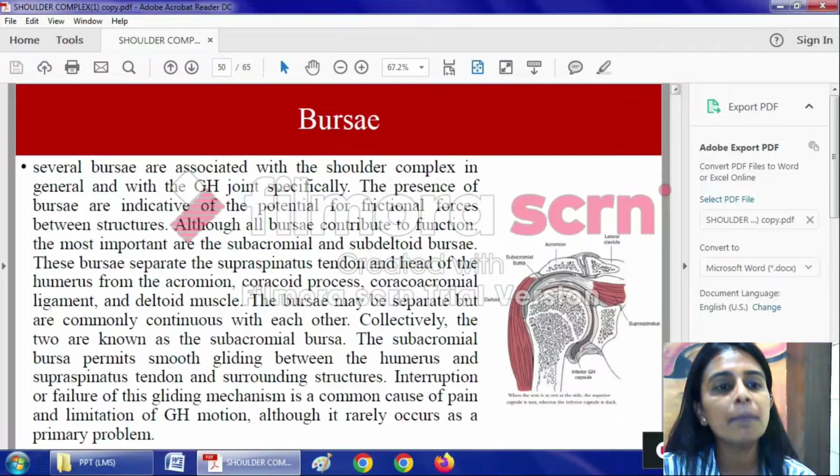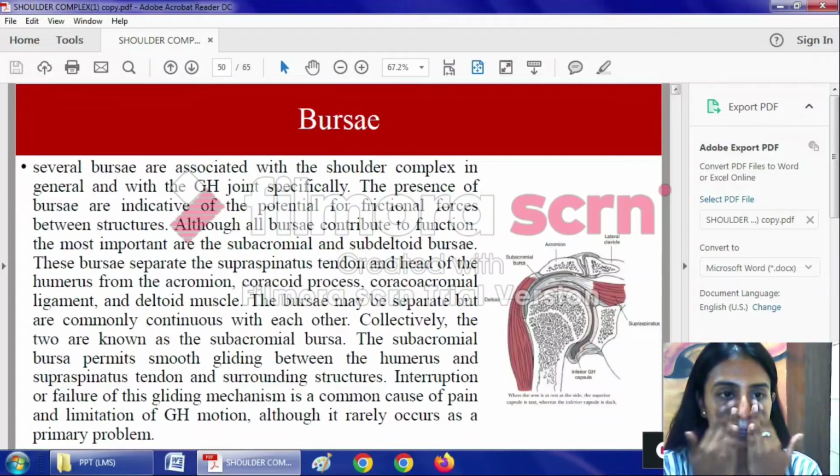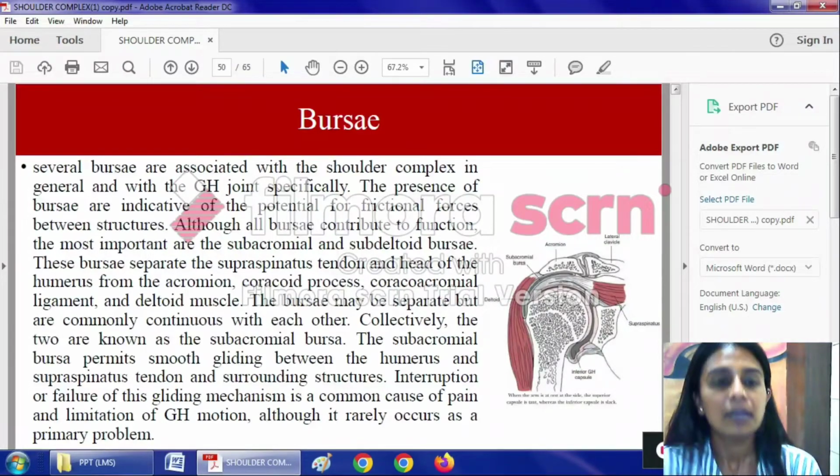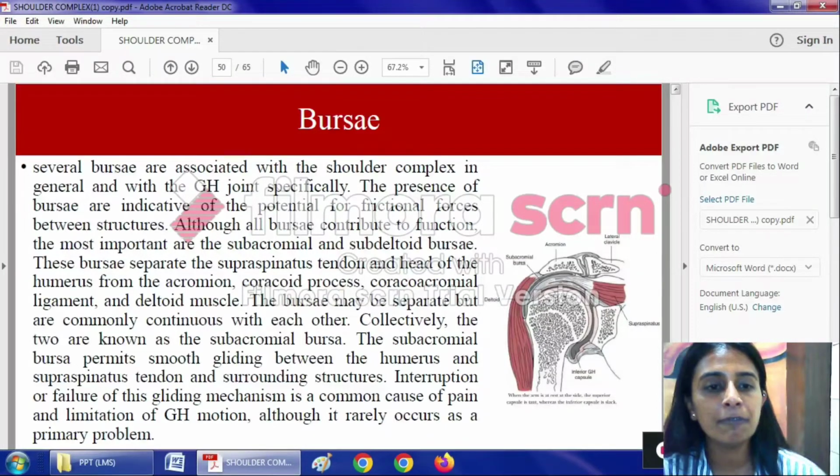Bursa. Several bursa are associated with the shoulder complex in general. With the GH joint specifically, the presence of bursa is indicative of the potential for frictional forces between structures. Although all bursa contribute to function, the most important are the subacromial and subdeltoid bursa.